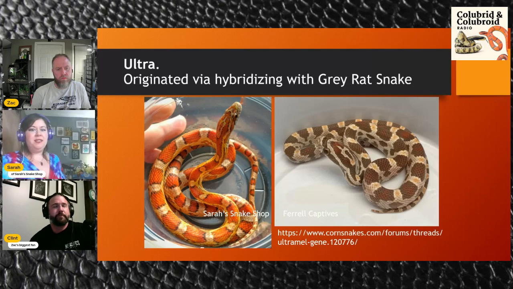But it is now widely accepted that ultra did come from that hybrid breeding between a corn snake and a gray rat snake, specifically a white oak. They don't even know for sure if it was really a white oak phase, but that's the story. I had no idea there was gray rat in this at all.